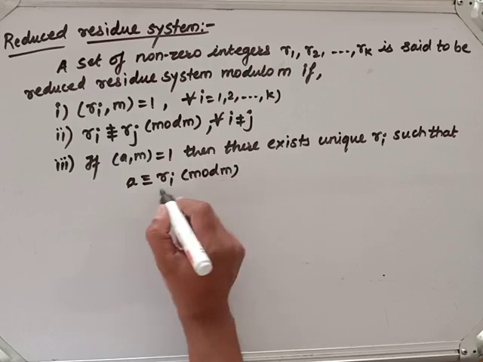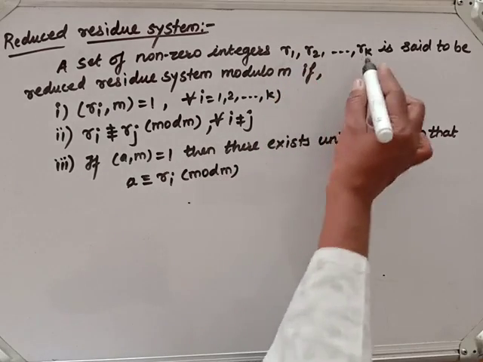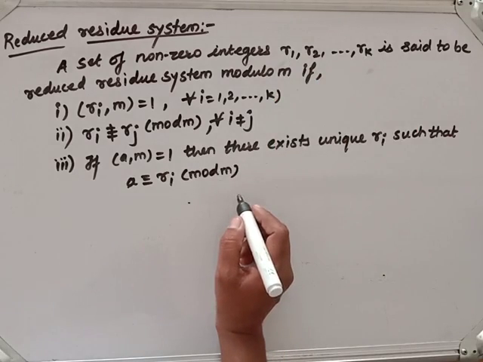This Ri is from among R1, R2, and so on up to Rk. These are the conditions. Fine.